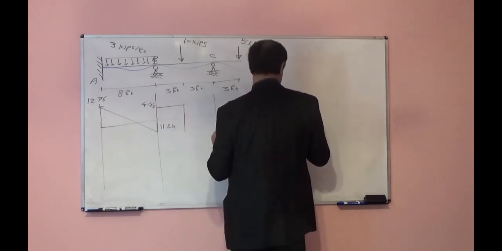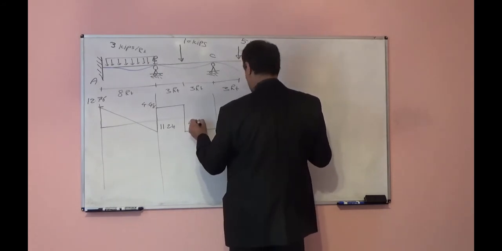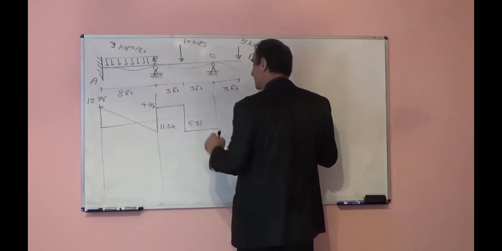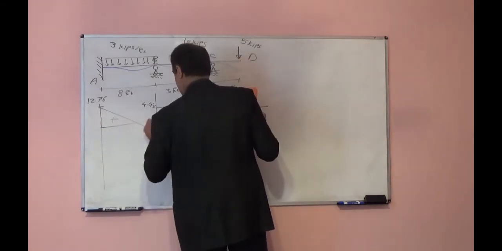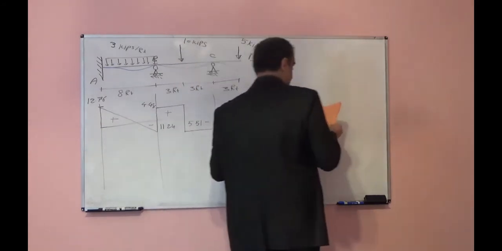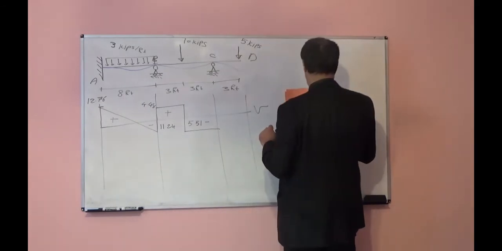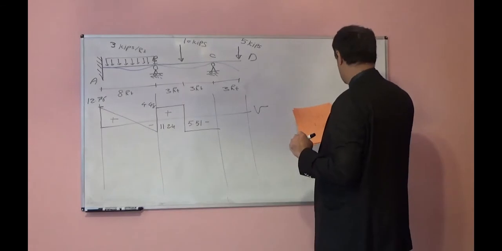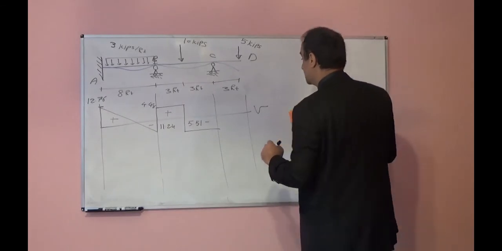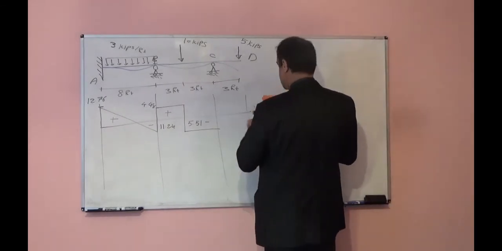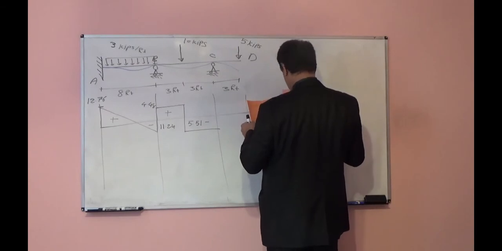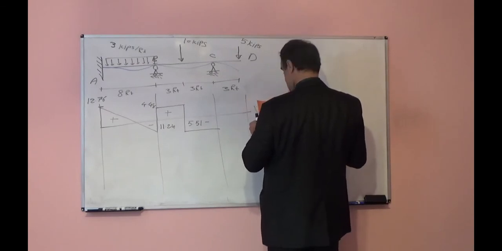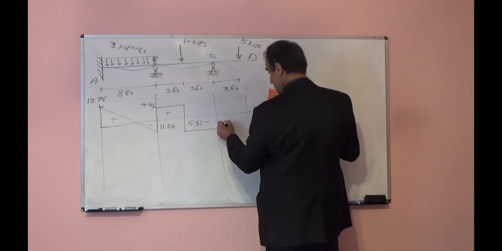There is no force, I will continue. 10, I will move down. I will continue, so this will be 5.51, positive, negative, positive, negative. Again, after that, we will be at VC, so VC 5.51, I will move up.